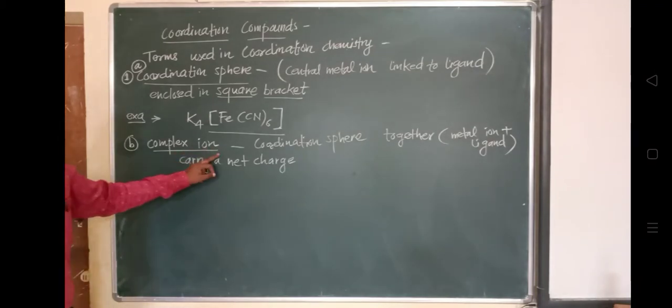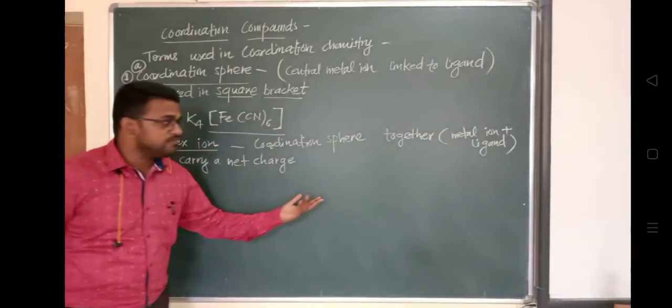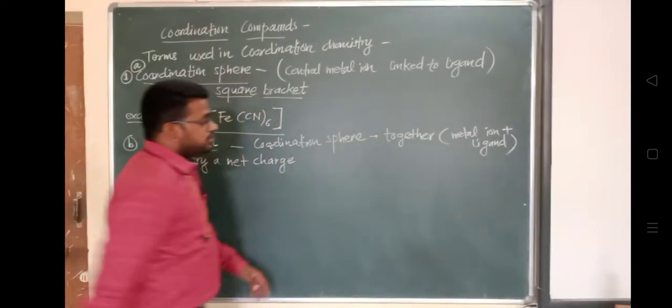The ionizable groups shown outside the bracket are the counter ions.